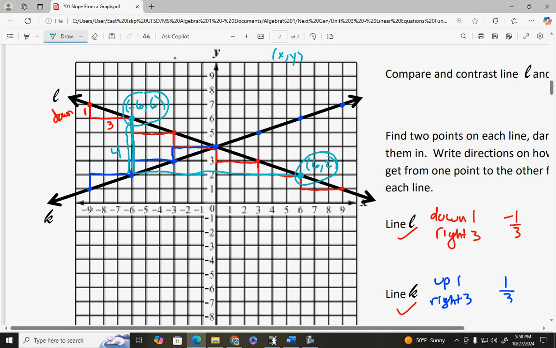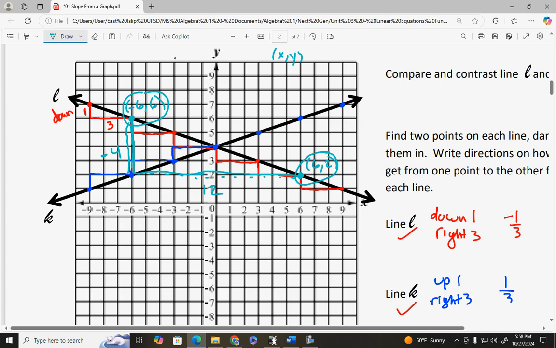I went down 4, and then 1, 2, 3, 4, 5, 6, 7, 8, 9, 10, 11, 12. I went over 12. So by subtracting the y's, it's telling me how many boxes are in between going up and down, and by subtracting the x's, I'm finding out how many boxes are in between from x to x.